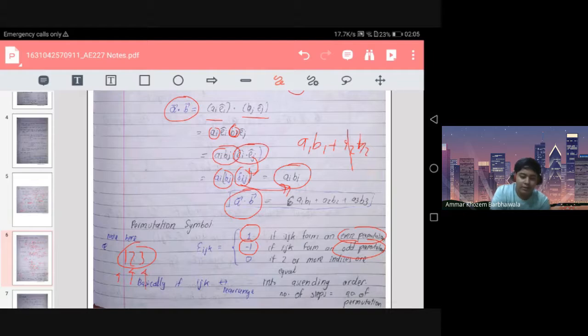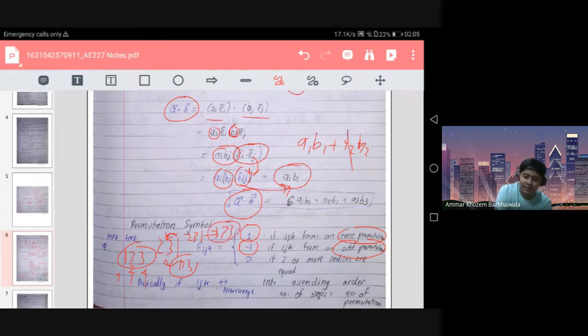If I take i equals 2, j equals 3, and k equals 1, I can also arrange this as 1, 2, 3 in an even number of tries. If I swap the 2 and 1, I get 1, 3, 2, and then if I do it again, I would get 1, 2, 3. So that's an even number of tries. That's two tries.